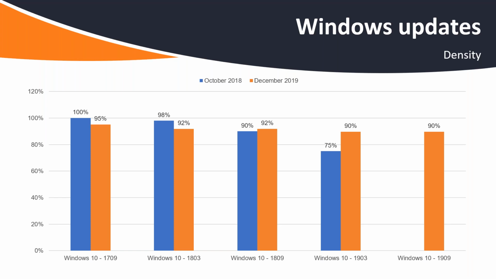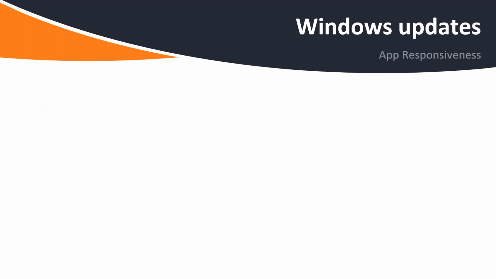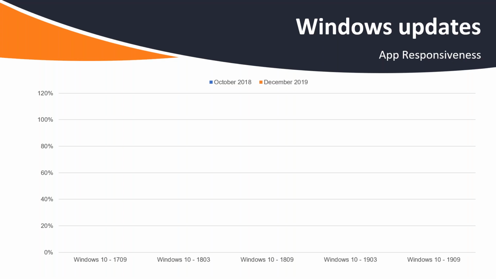So what we see today, going from 1709 to 1909, and I say just, but it's just 5% versus the 25% that it used to be. Definitely something to keep in mind. If you're moving to a newer Windows 10 version, make sure that you run your updates and that you're fully patched. Yeah, not looking only at the security updates.